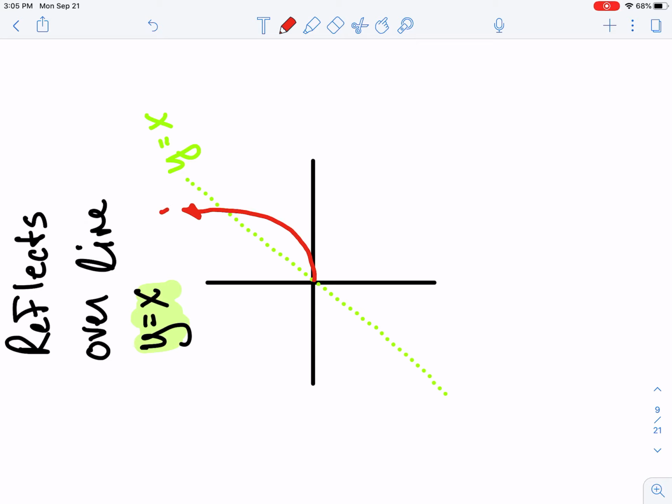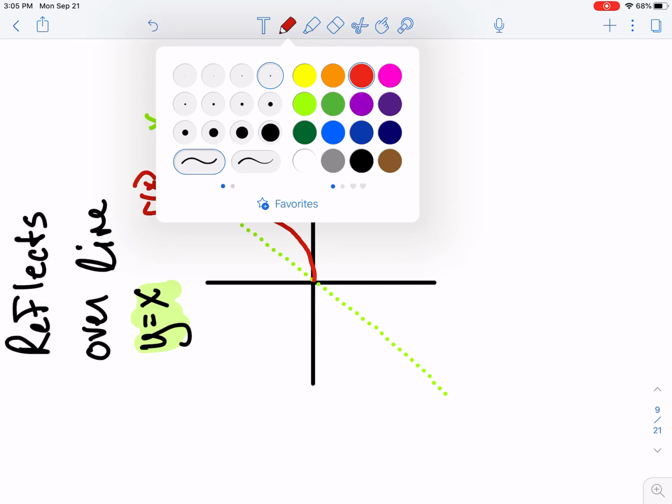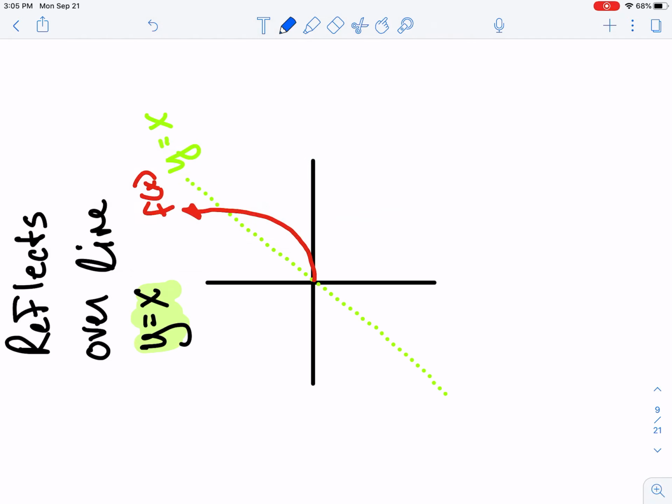Okay, if this is f of x, then the inverse, or g of x, is going to look like this, or f to the negative 1 of x. Okay.